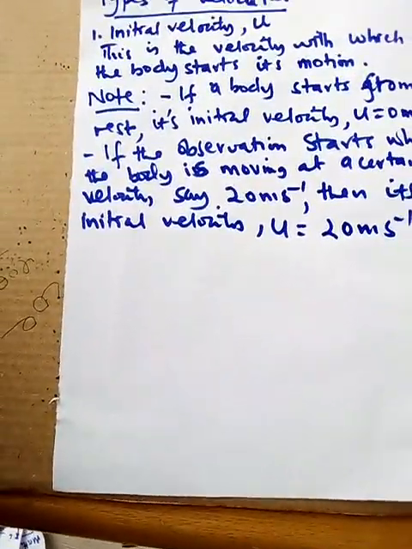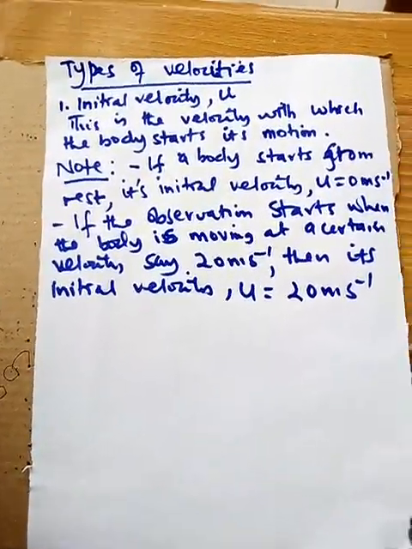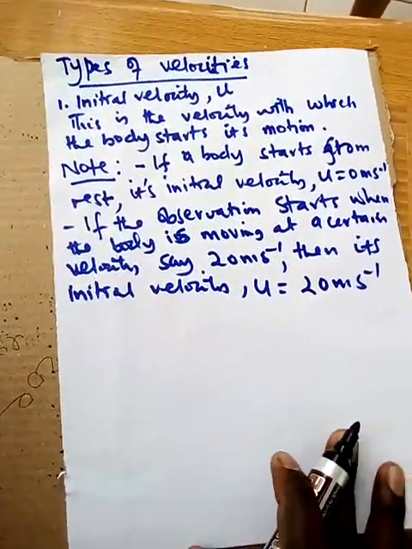So that is what we call initial velocity. That is the first type of velocity.